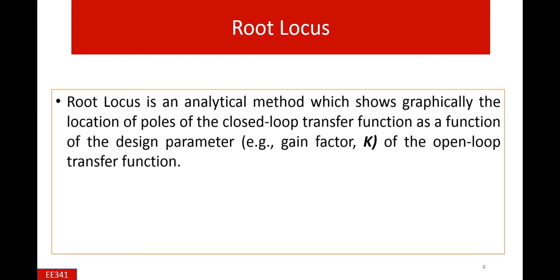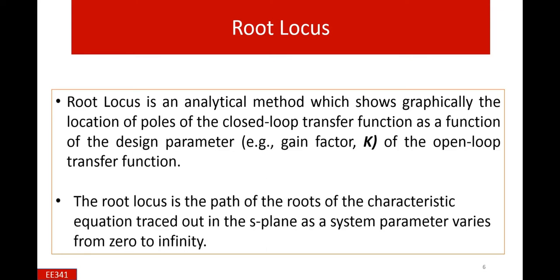Root locus is an analytical method and a graphical representation of the closed loop transfer function using a design parameter, which is usually the gain factor, when the open loop transfer function information is given, and it is the path of roots.